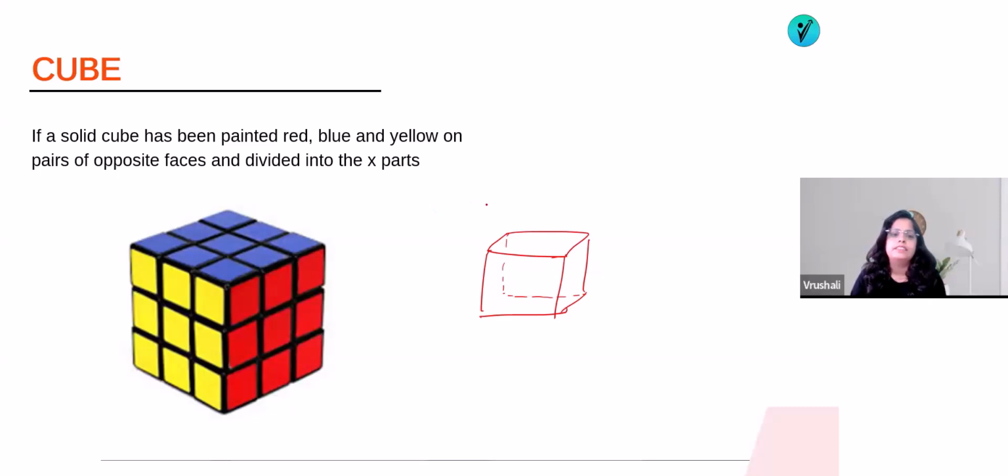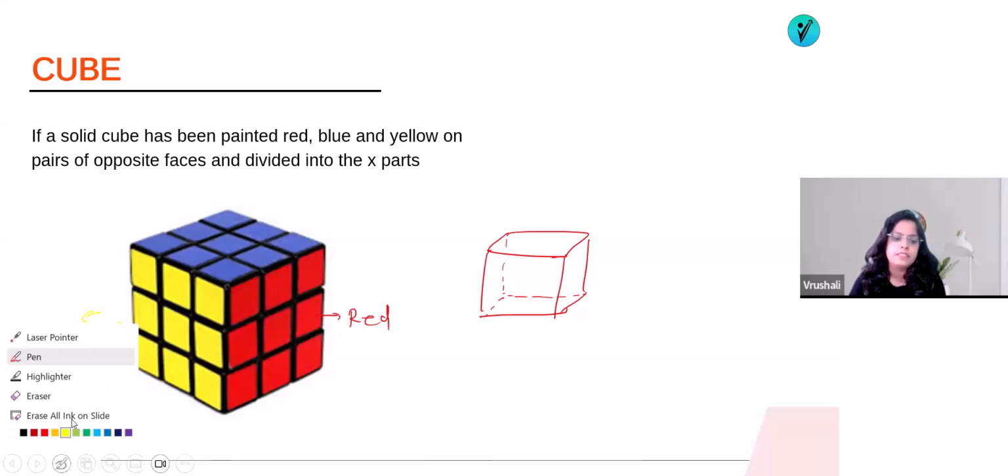Like here they are saying that it is painted in red, blue and yellow on the pairs of opposite faces and divided into X parts. Suppose this was the cube, and these are the colored faces, right? You can see one face has been colored red, one face is colored yellow, and one face is colored blue, right?